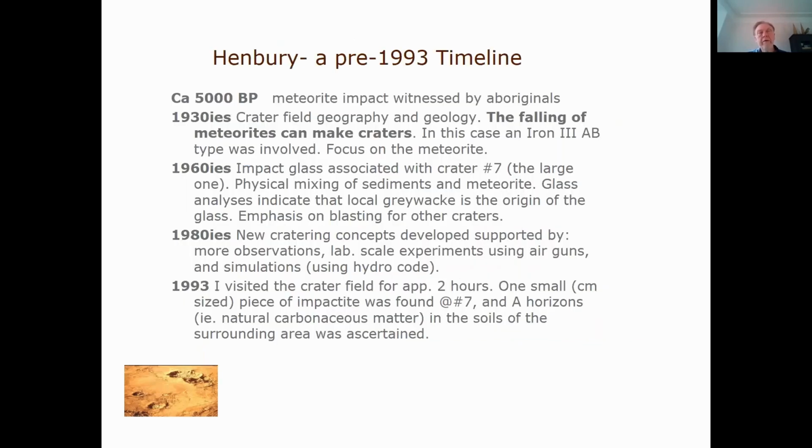The timeline we can set up, in a condensed version, is that it is an approximately 5,000 year old crater. It was witnessed. There is a mouth-by-mouth handed-over calling of this place, which indicates that the Aboriginals saw it falling.